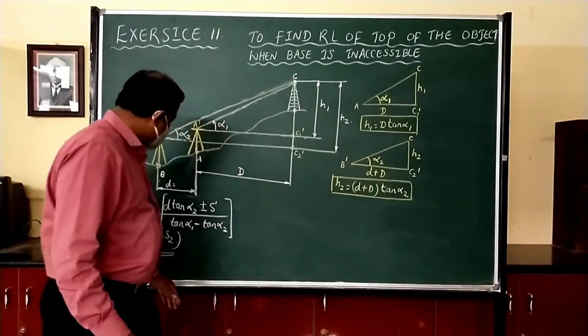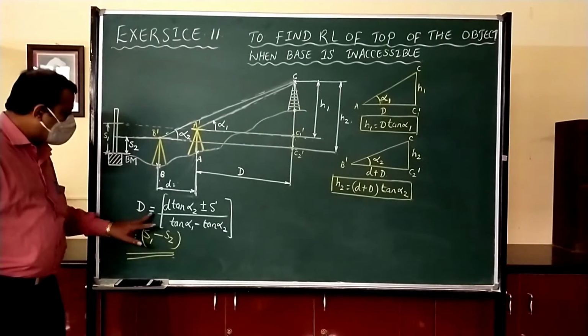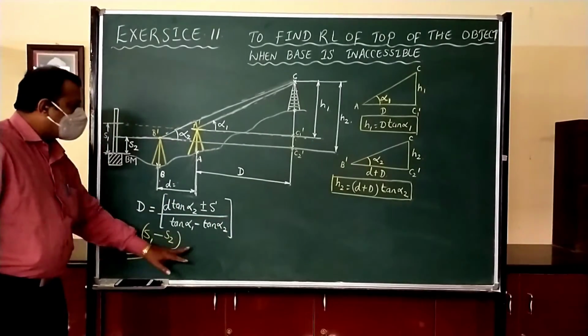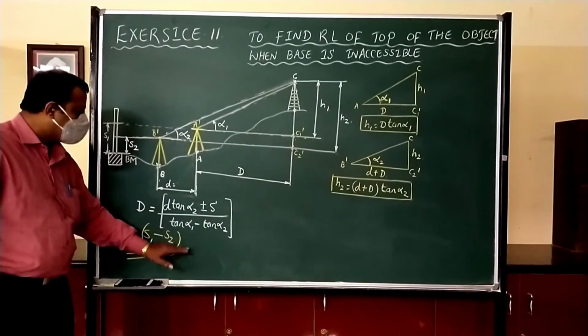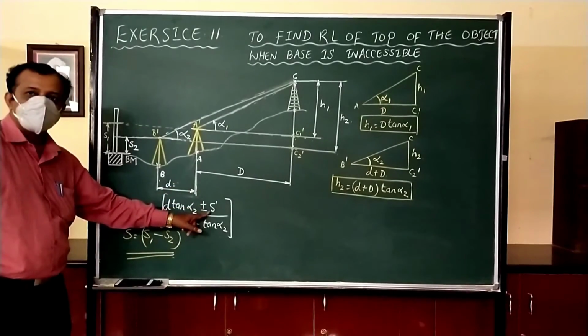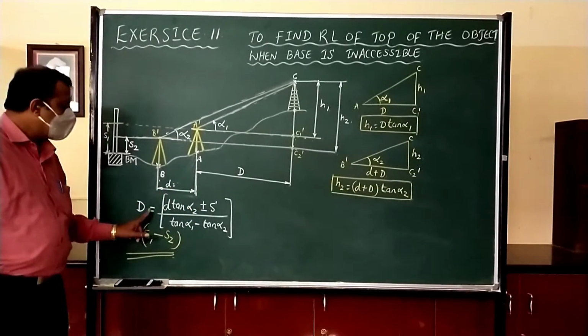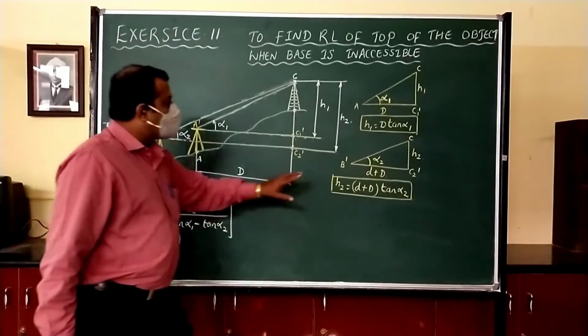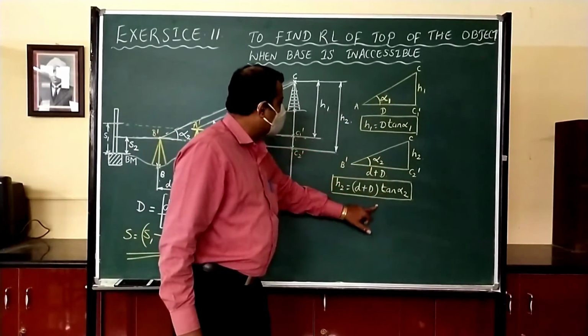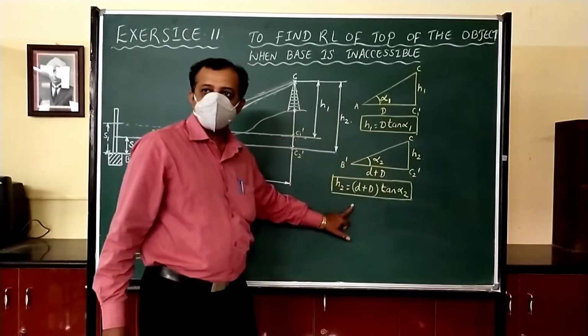So find out these values. First find the value of S, and then substitute that S value here to get the value of D. After finding D, find H1 and H2 using these two formulas.